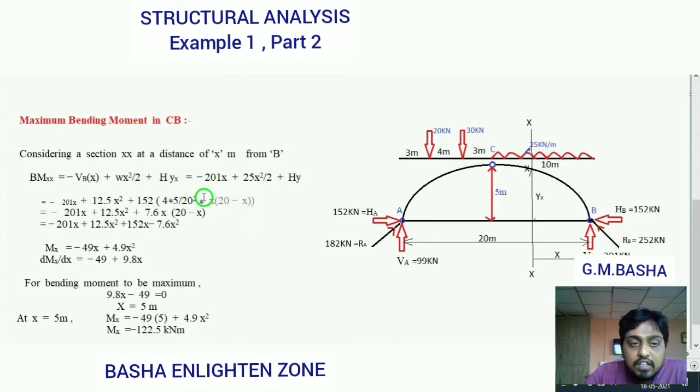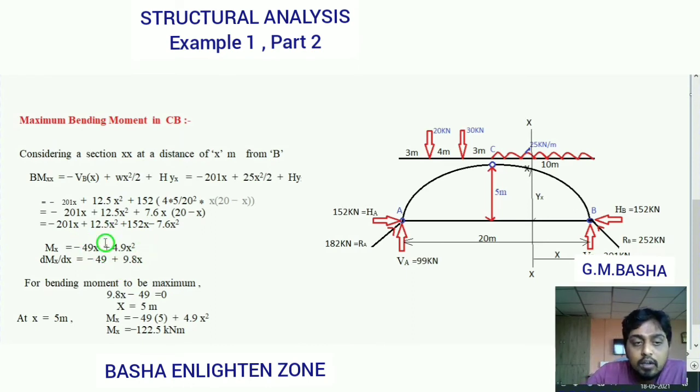So simplify this equation and you will get the entire value equal to minus 49x plus 4.9x square. So the bending moment at section x will be minus 49x plus 4.9x square. You will get it in the form of an equation.